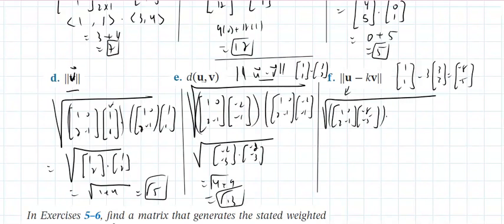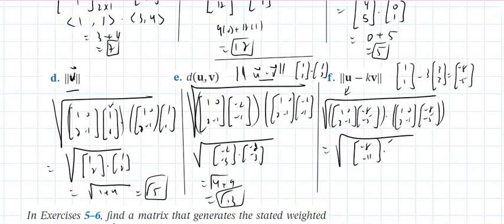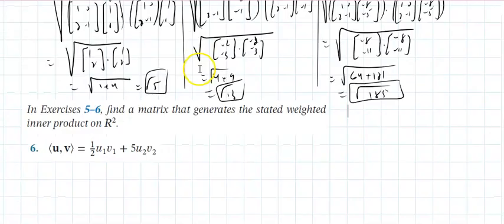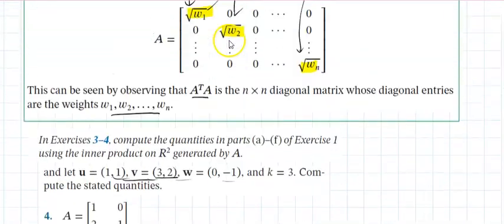Dot it with 1, 0, 2, negative 1, negative 8, negative 5. And that's going to be negative 8 and negative 16 plus negative 16 plus 5, negative 11, if I'm not mistaken. You get the idea. And that's going to be the square root of 64 plus 121. That's the square root of 185.